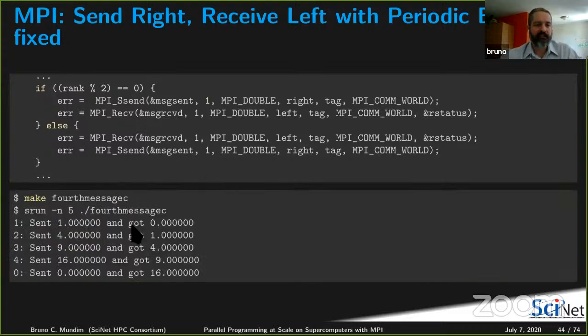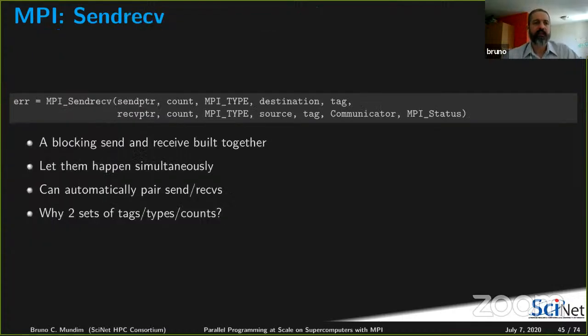And if you run this, now you don't have a deadlock anymore. Okay. So the MPI library provides you a function call that combines both in one.